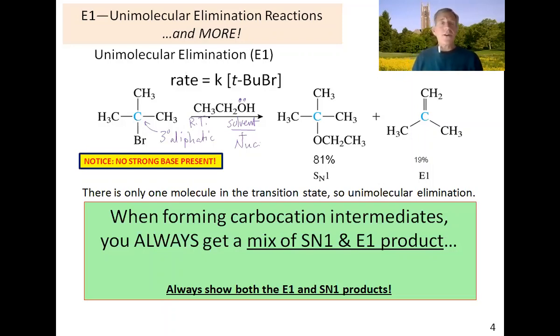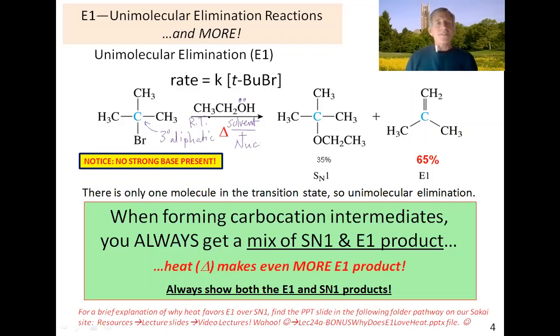What if you wanted the E1 to be the major product? Not so hard. All you have to do is add heat. Lots and lots of heat. You reflux this. You boil this reaction in ethanol really hard. And if you boil it really hard, you actually change the major product to the alkene.